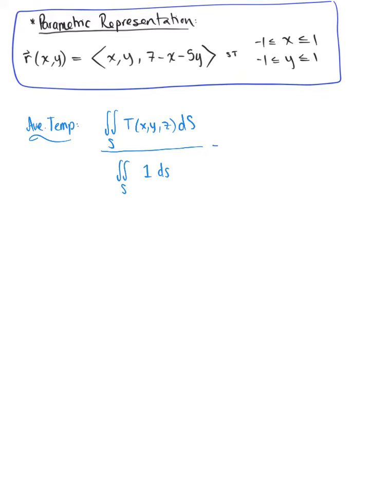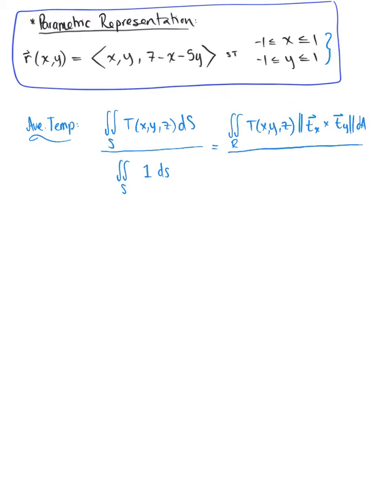So thinking about our definitions here for an explicitly defined surface, we know that this is equivalent to that double integral over that rectangular region R in the plane. And it's going to be how we explicitly defined our temperature function T, multiplied by the magnitude of the cross product of the tangent vectors, dA.